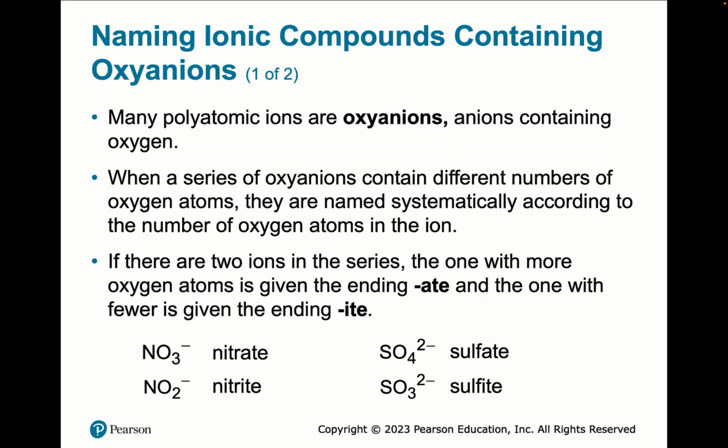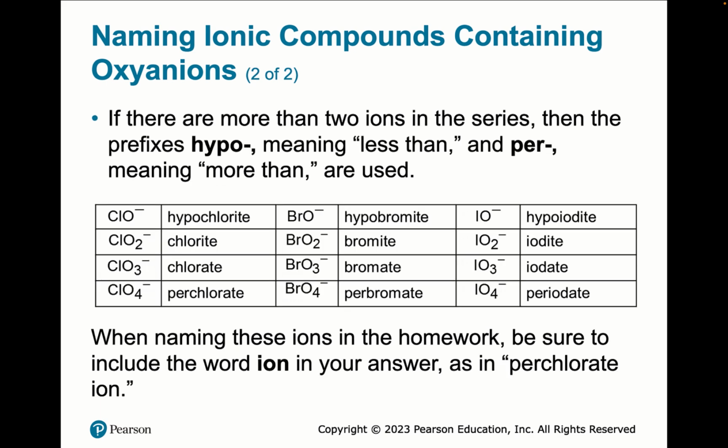Many polyatomic ions are oxyanions, and unfortunately, there's no convention, but one of them gets the ate, and the number is not consistent. But if it has 1 less than the ate ion, it's ite. So the sulfate is SO4, and that means the sulfite has got to have 1 less oxygen. Same thing with nitrate. Nitrite has 1 less oxygen.